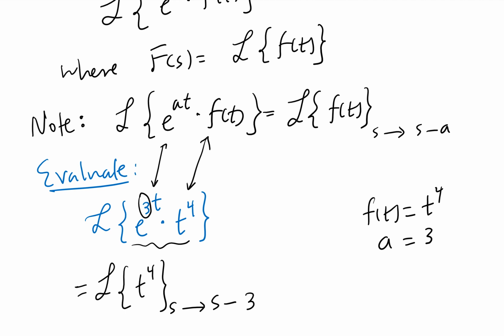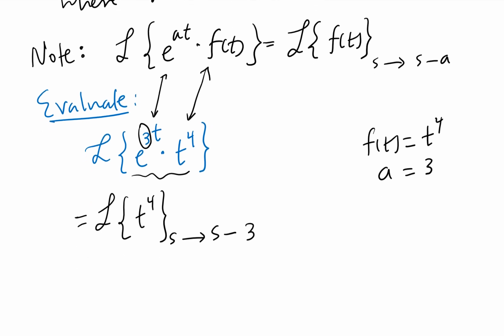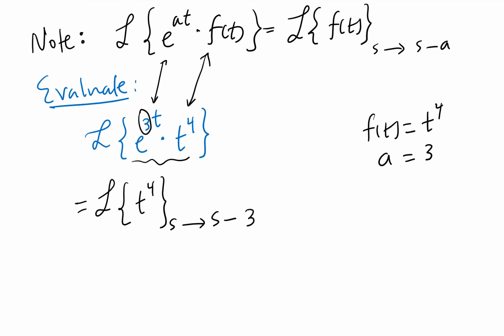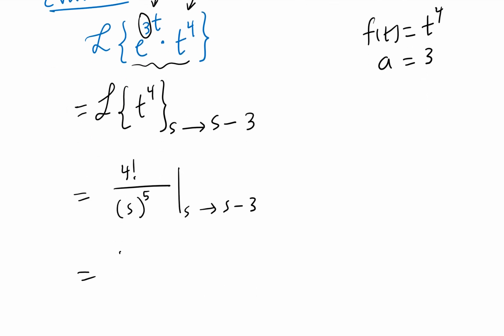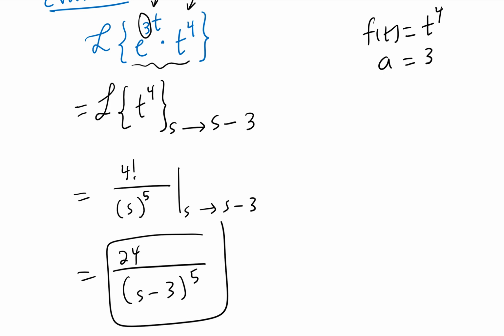Okay, so hopefully this looks good. Now how do we finish this up? The Laplace of t to the fourth is 4 factorial over s to the 4 plus 1, which is 5, replacing s with s minus 3. So 4 factorial is 24, and we replace s with s minus 3 to the 5th power. So that's the Laplace of that.